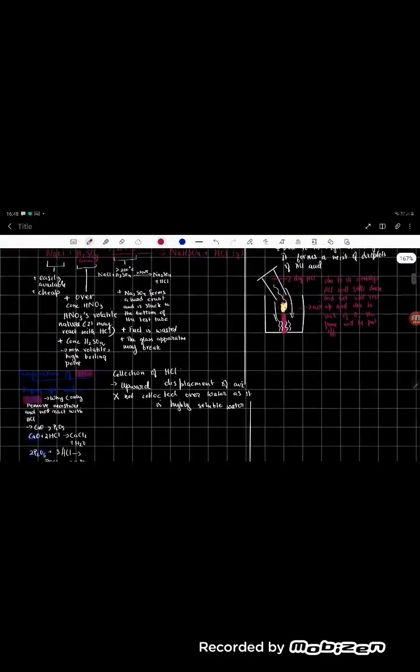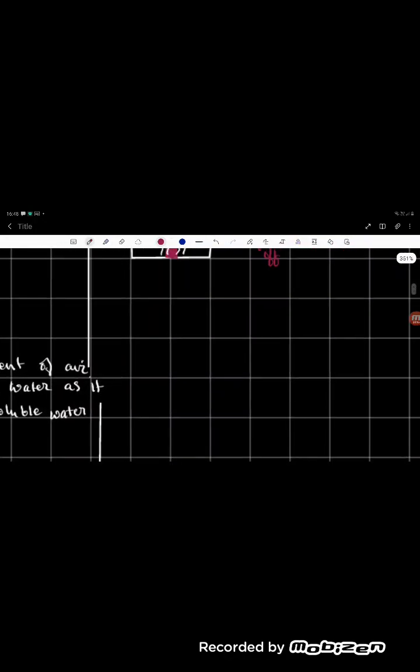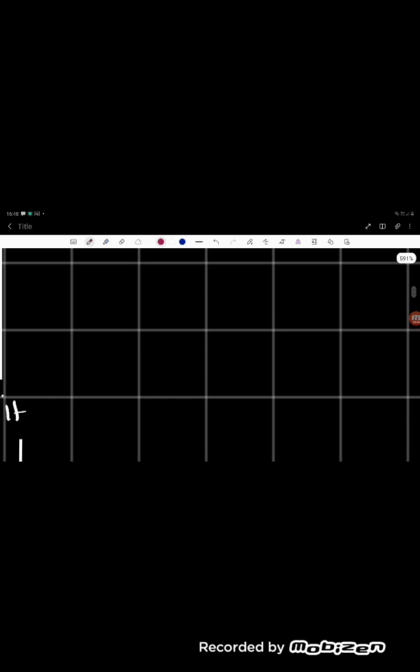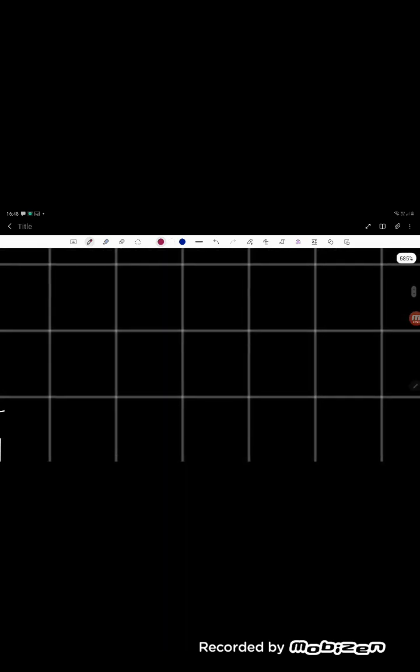Now the other experiment that we have is the fountain experiment. The fountain experiment shows that HCl gas is acidic in nature and highly soluble, which is pretty important to remember. So let's do this.